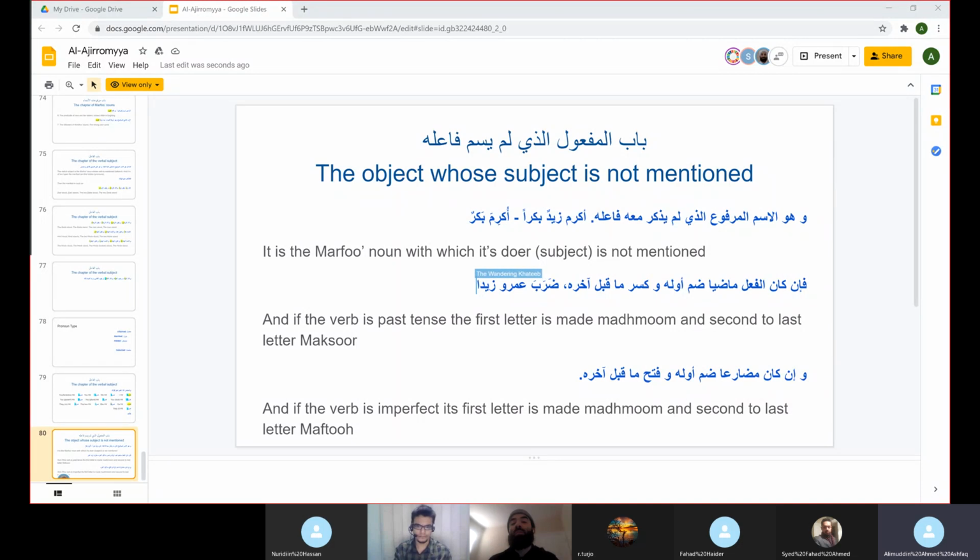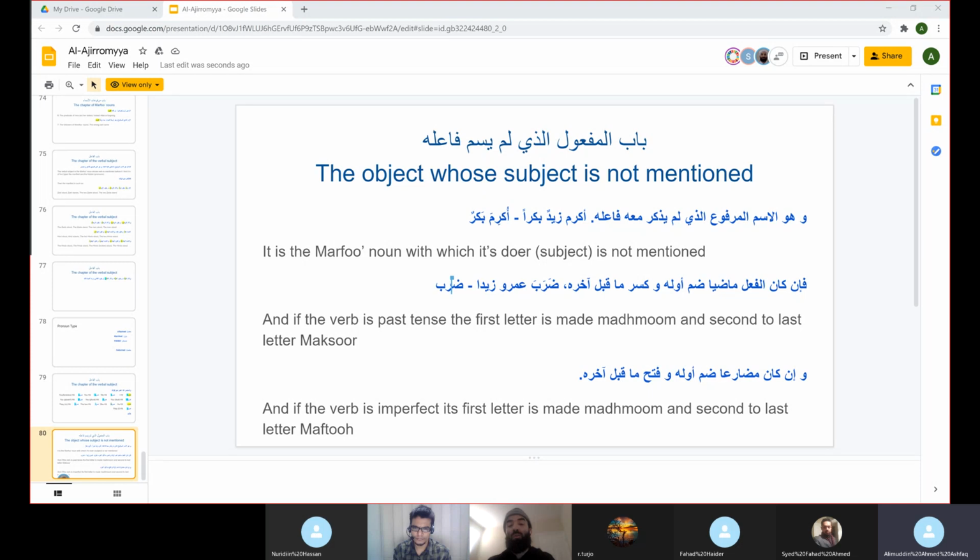Daraba Amrun Zaydan. Okay. Now, if you want to make it bina majhul, a verb whose subject is not mentioned, what does the author say? He says if the verb is past tense, the first letter is made madmum, meaning you give the first letter a dhamma, and the second to last letter a kasra. So in our case, daraba, what's the diacritic that goes over the dad?